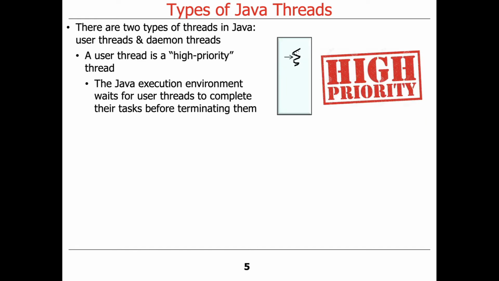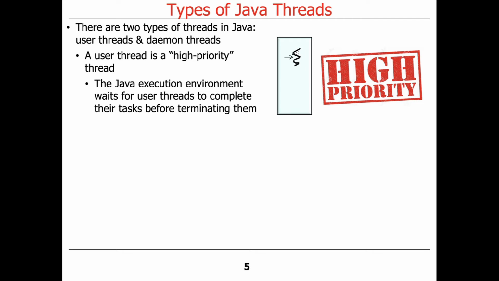So there are two types of threads in Java, user threads and daemon threads, and you can choose which one you want to allocate. A user thread is a high priority thread. That's kind of a funny term. It's high priority relative to daemon threads. And the Java execution environment will wait for all user threads to complete their tasks before terminating the process.